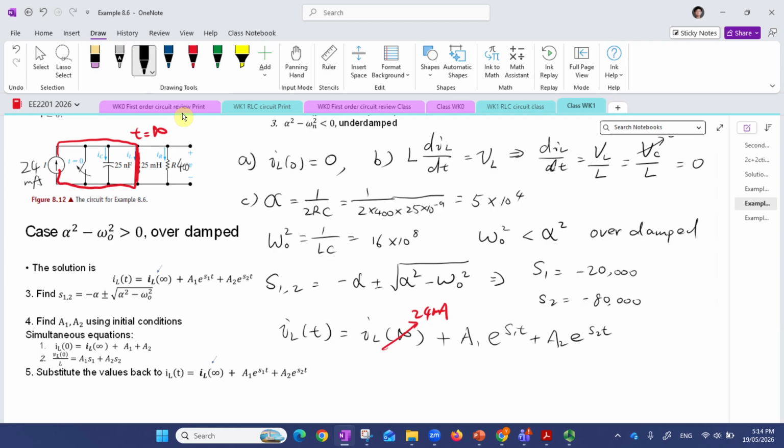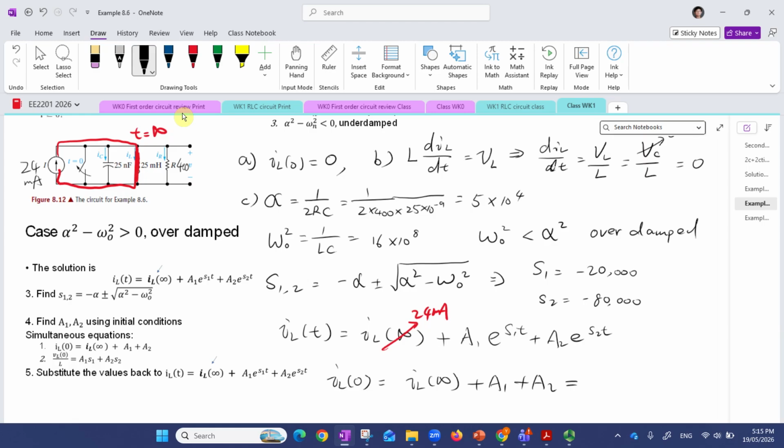In class, we derived how to do that. If that's the iL(t) expression, and we set t equal to 0, that's the initial condition. Plugging in, it's actually A1 plus A2 plus the final value, and that equals 0, because iL is 0 initially.